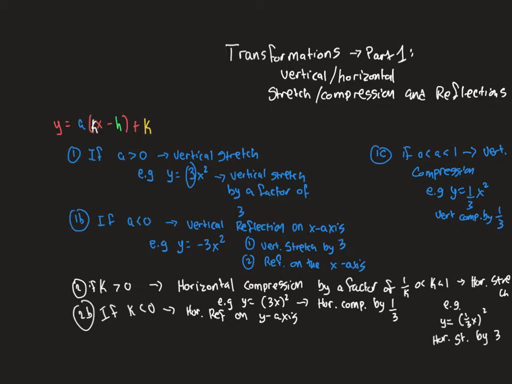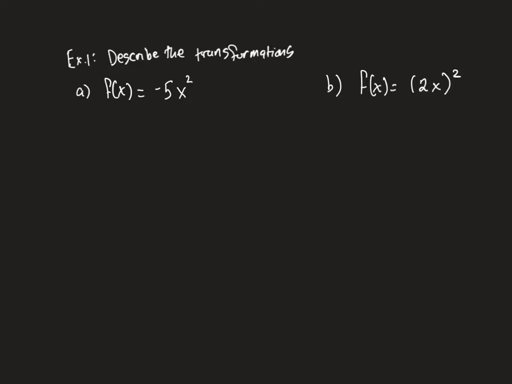Okay, so let's see how this looks in some examples. Okay, so in this example, we're asked to describe the transformations. So in this case, in the first one, we've got a -5. Now, when I do my transformations, I like to label them, so that way in the end I know how many I should have.